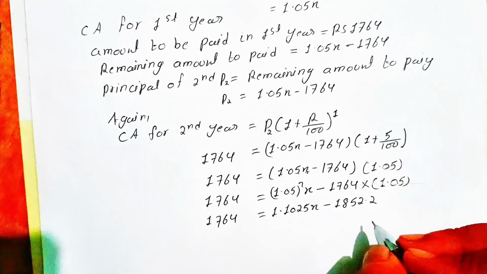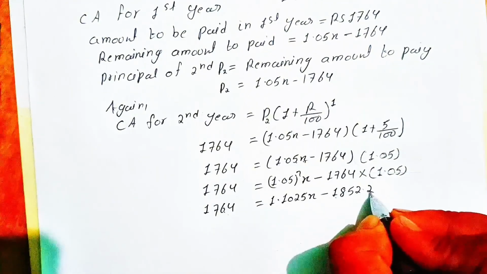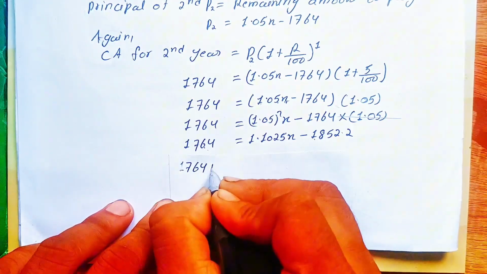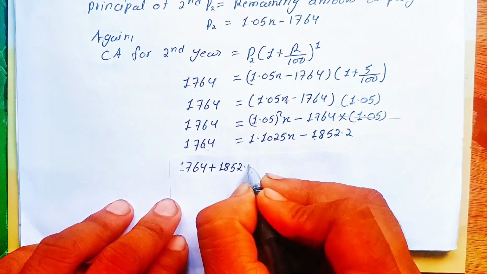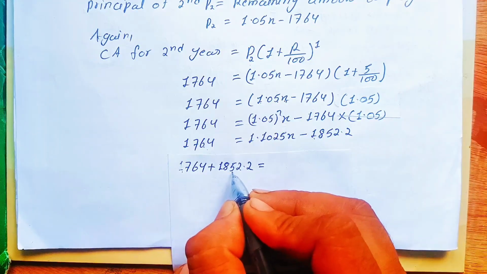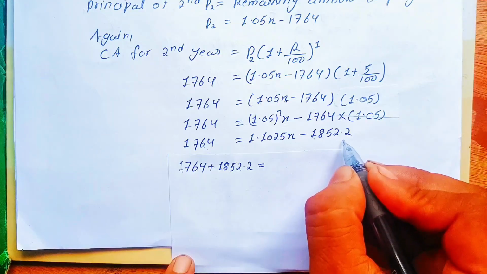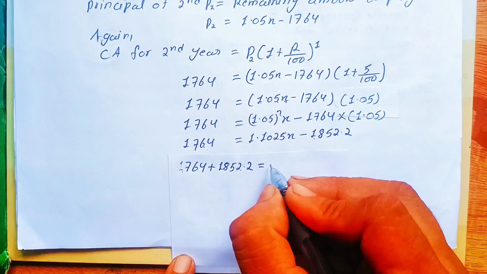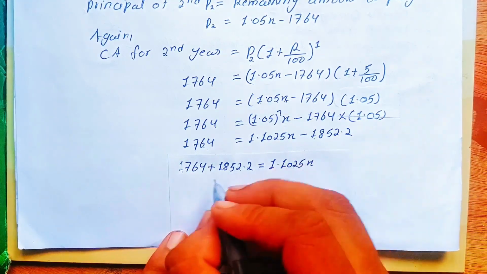The product of these two becomes 1852.2. Now we add 1852.2 to both sides to eliminate this. The left side becomes 1764 plus 1852.2, and on the right side the minus 1852.2 and plus 1852.2 become 0, so the remaining is 1.1025x.